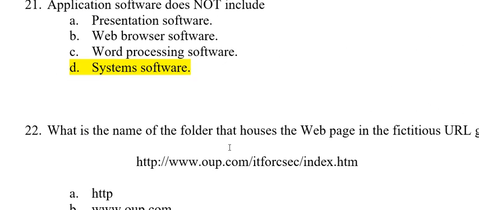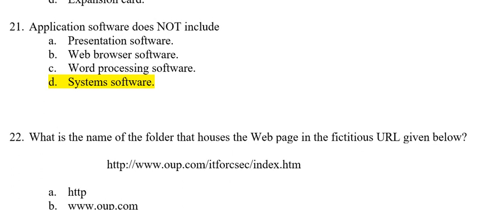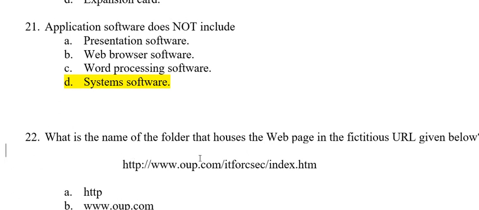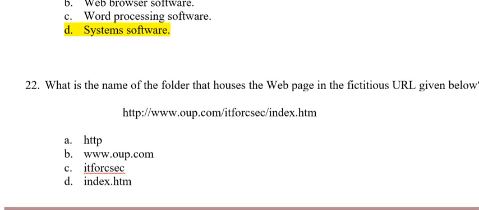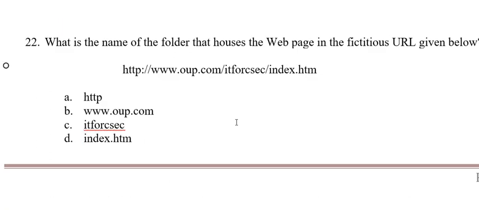22. Okay. What is the name of the folder that houses the web page in the URL given below? Okay. Let's look at it. So number 22. The answer is this one here. Okay.